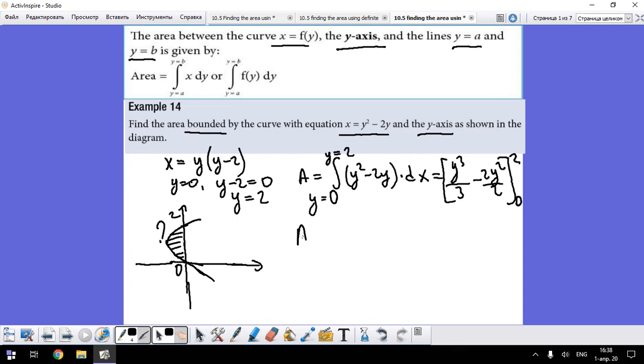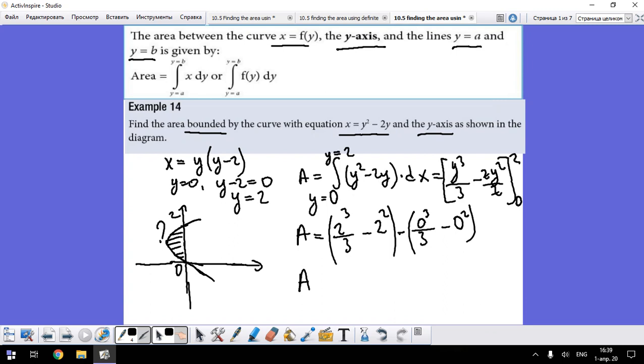So it is similar to the previous questions. Let's substitute 2: 2 cubed divided by 3 minus 2 squared, after cancellation. Let's close the parenthesis and put minus, then substitute 0: 0 cubed divided by 3 minus 0 squared.